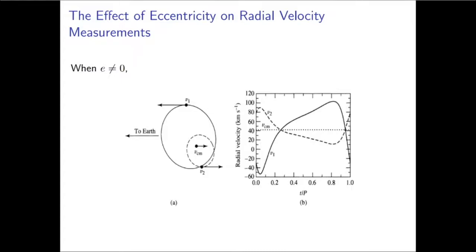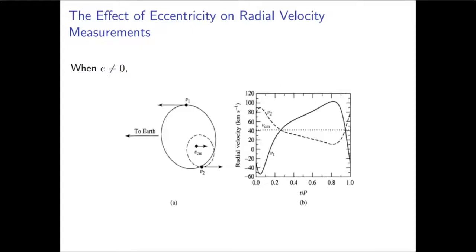So when the eccentricity E of the orbit is not 0, then the observed velocity curve becomes skewed. As we can see, it's kind of deformed, kind of skewed, kind of distorted. We make observations of the radial velocity, and we get this skewed waveform.